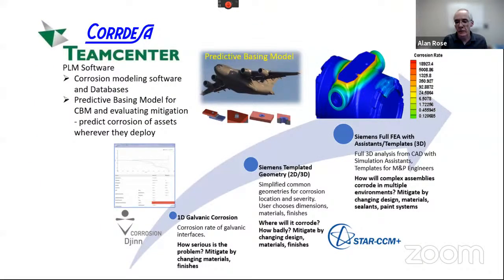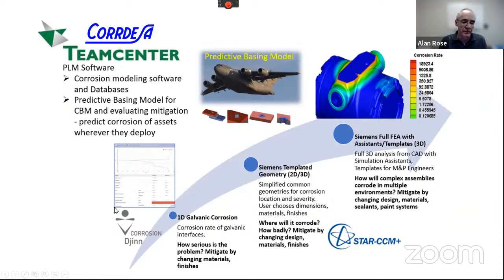Okay, so this is our view of the corrosion modeling world. We have an environment. We've teamed with Siemens, a software company. They have computational fluid dynamics, Star-CCM+. And over here on the left, we think of a flow.